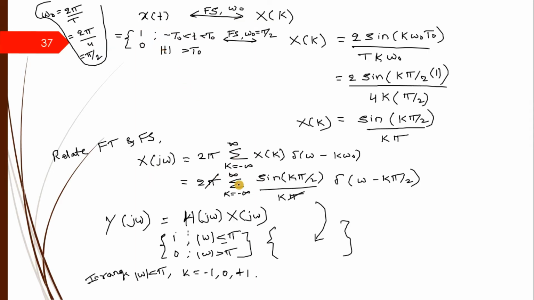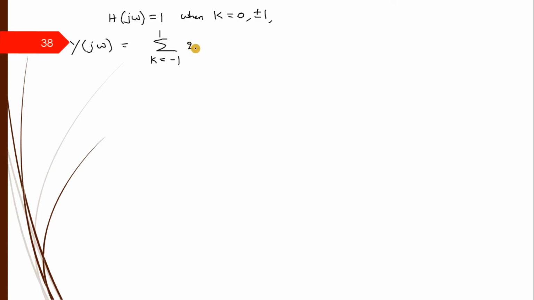I'll just copy this down: k equal to minus 1 till plus 1, 2 is there, I'll take the 2 here, 2 sine(k pi by 2) divided by k, delta of omega minus k pi by 2. So this is X of j omega. H of j omega is 1 in this range, within that range it is 1.